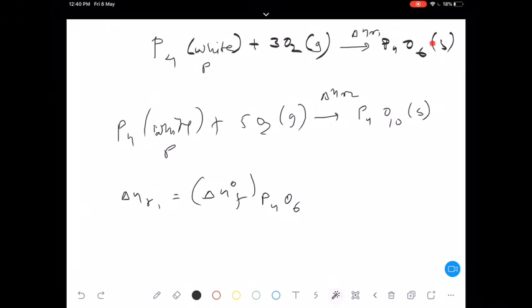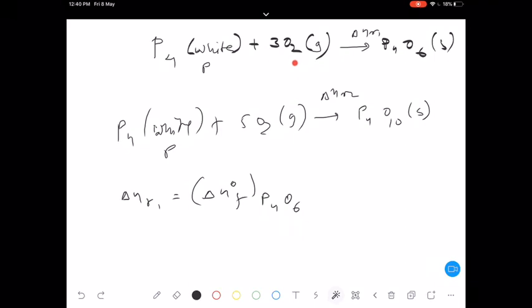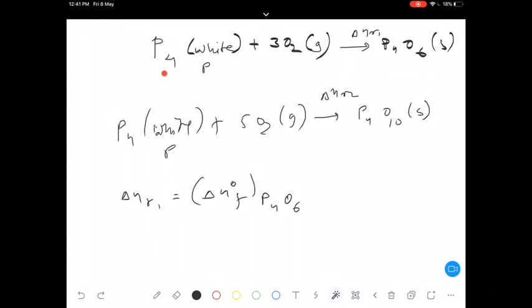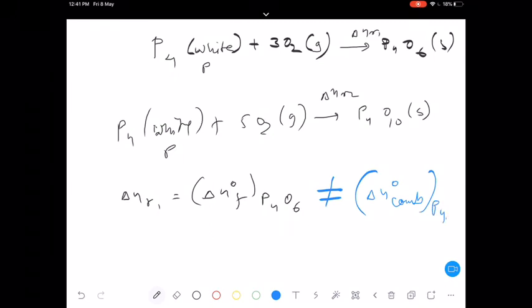Sorry, P4O6 is in standard state. Oxygen is in standard state, phosphorus is in standard state, and this is being formed from its corresponding elements which are in their standard state. So delta HR1 I can write as standard heat of formation for P4O6, but can I write it as heat of combustion of P4? No, I cannot.